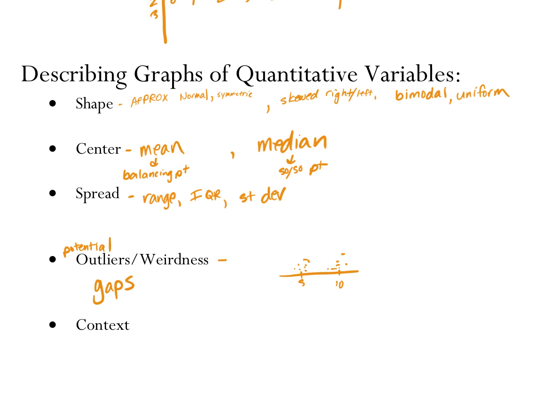The mean is approximately 7.5. It would be right about there, yeah? If you say bimodal, then you should say with modes around 5 and 10. You could also say symmetric with a gap at 7, right?